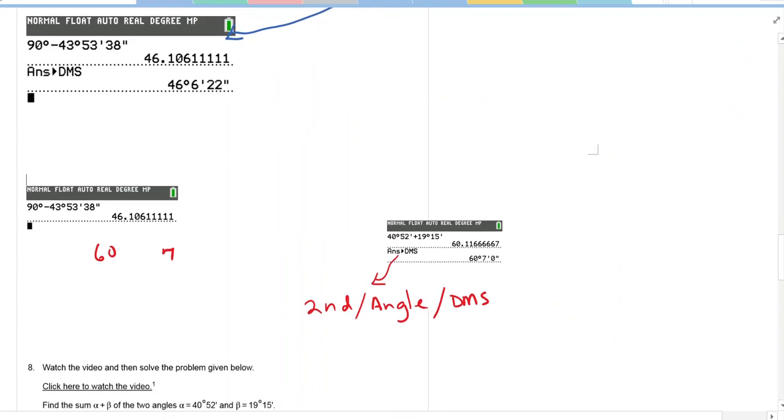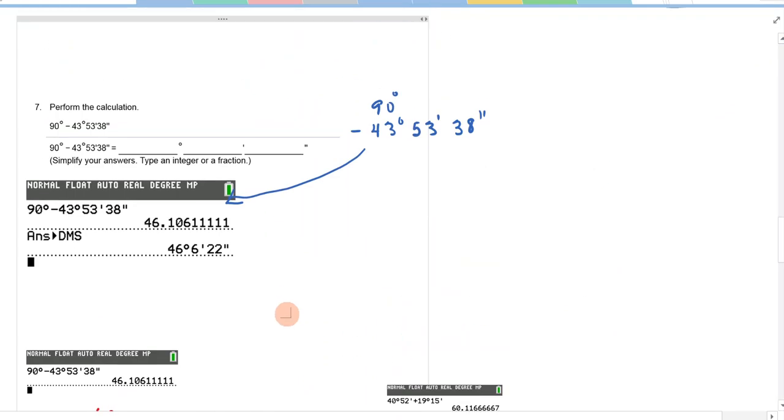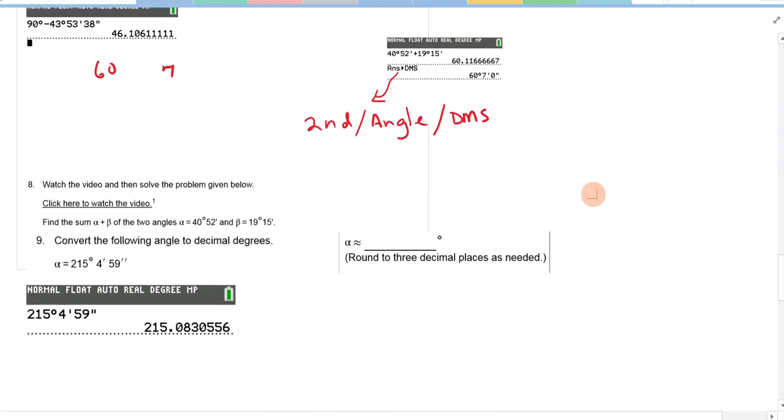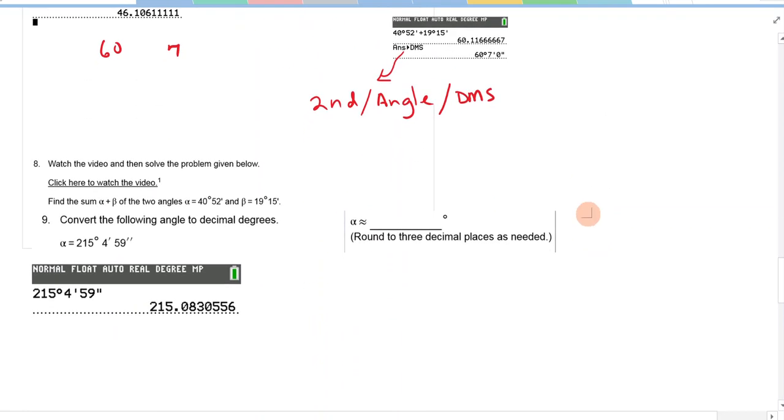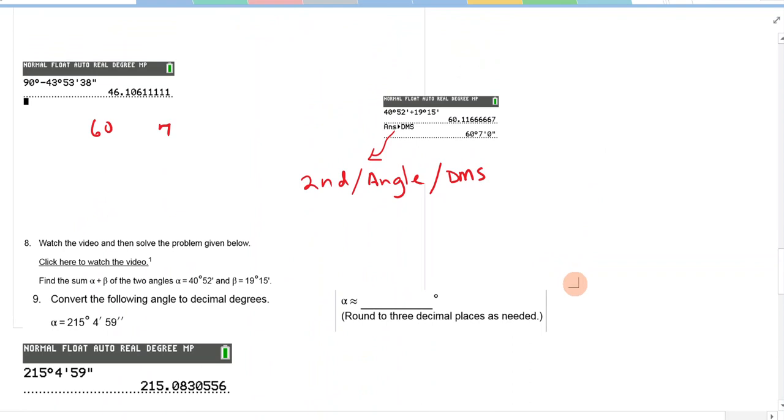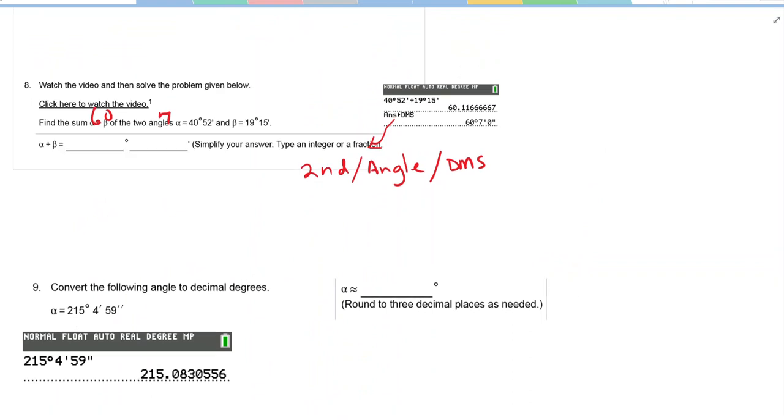All right, that was number 7. Let's go to number 8. Number 8 says, watch the video and then solve the problem. That will be an author video there, and so you may or may not need to do that. But this says, find the sum of the two angles.